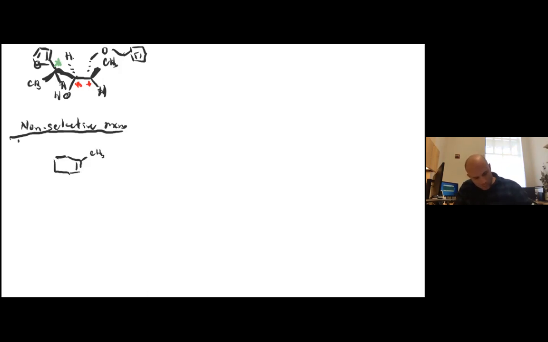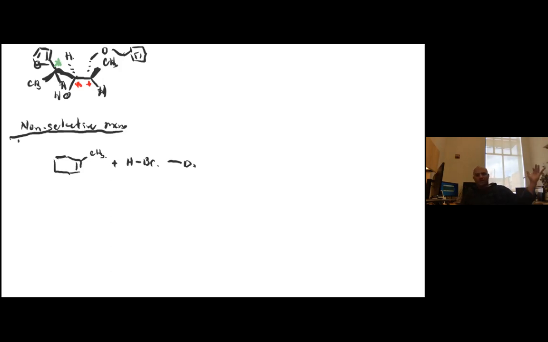Hydroboration, like we just covered, is a syn addition. The B and the H come in on the same side, and then the oxidation proceeds with retention of stereochemistry, so that's a syn addition. The final class are basically non-selective reactions, and to illustrate it, let's go back to an old simple example.